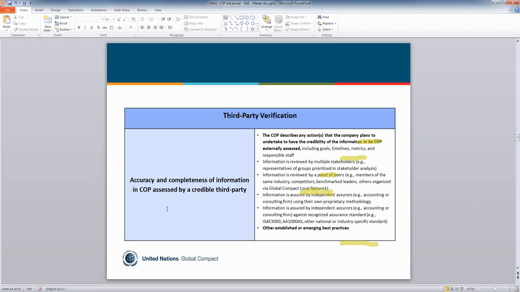Because the disclosure of sustainability information is mainly a voluntary activity, it has led to practices that create some conflicts.